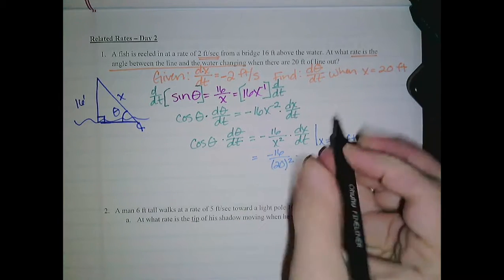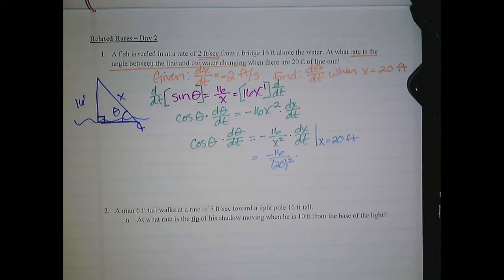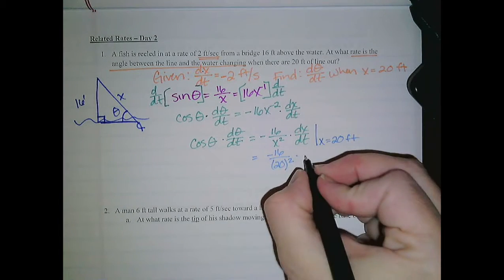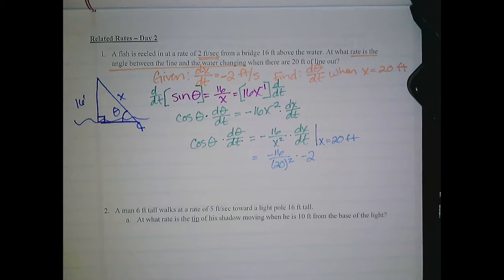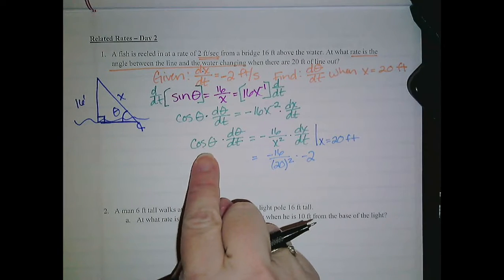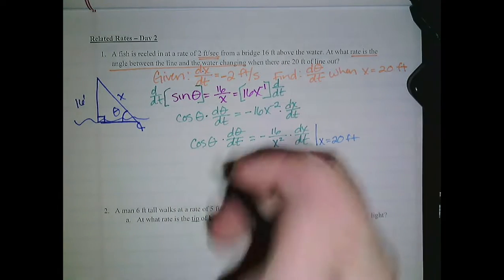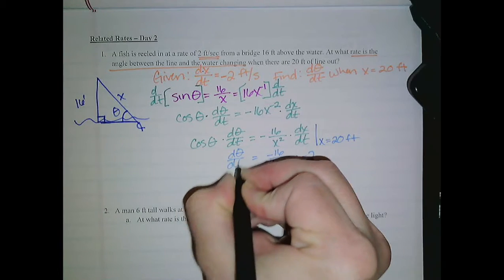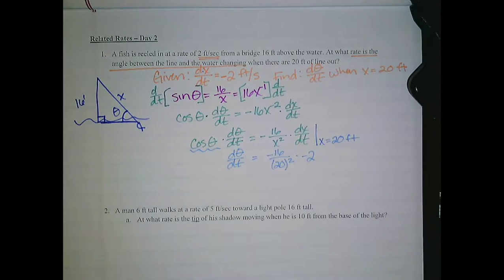And I do know that the rate of change of x with respect to t, we said was negative 2 feet per second. Over here, this d theta dt is what I'm looking for. But then I run into a little bit of a problem here with this cosine of theta. I don't know what theta is. And I might be able to work backwards and figure it out, but I really don't need to know what theta is at this instant. I just need to know what cosine of theta is at this instant.